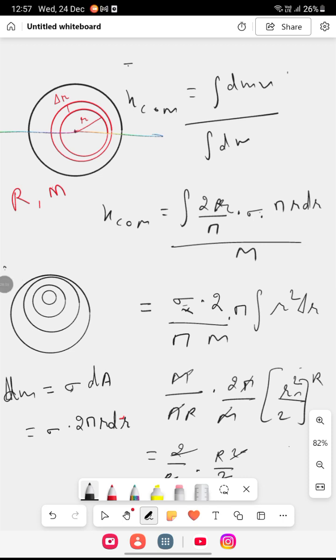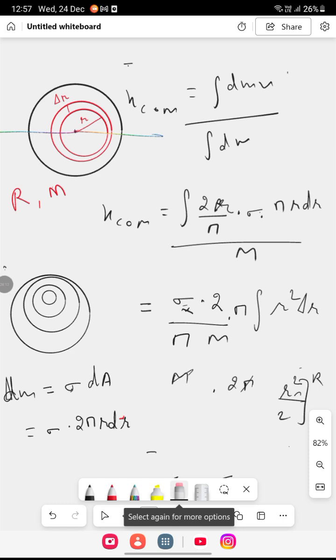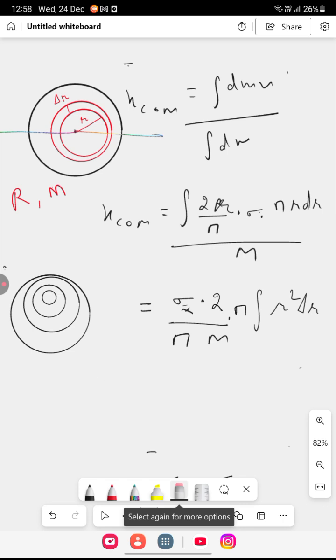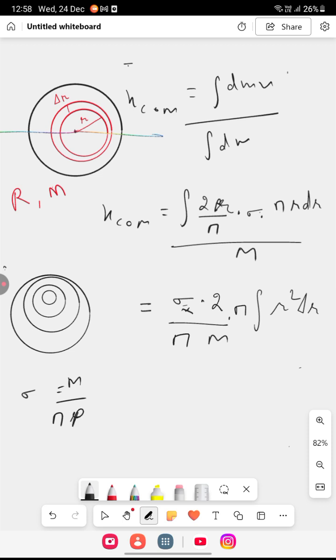Sorry, we have made some mistake here. Here sigma will be mass upon area. Area is pi r square, but for a half disk it is pi r square upon 2, so the 2 will come here.